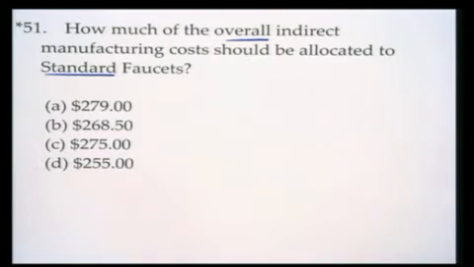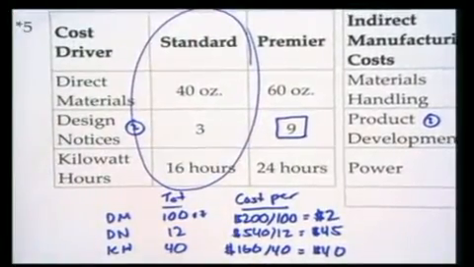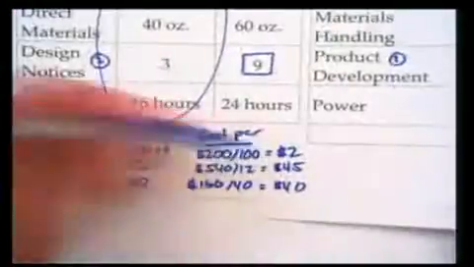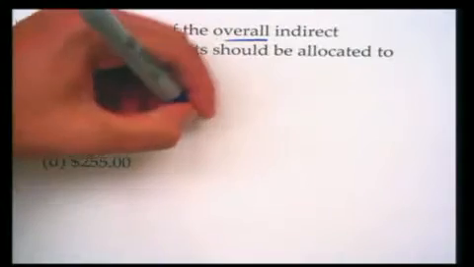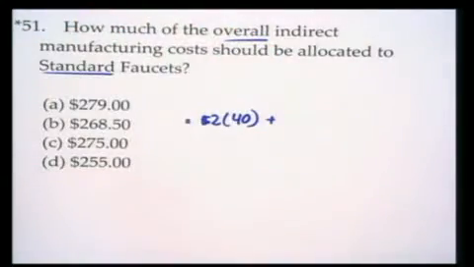Well, if that's the case, then what we're going to do is we're going to say, okay, let's just clump all these together. Let's focus on standard faucets for 1 second, right? And let's just plow through it. So we say, okay, the standard faucets use 40 ounces of direct materials at a cost of $2 each. So it's going to be $2 each times 40. Okay?